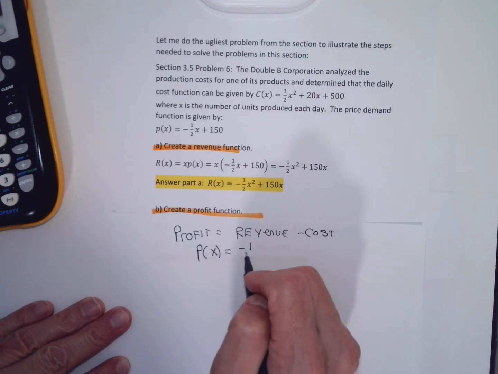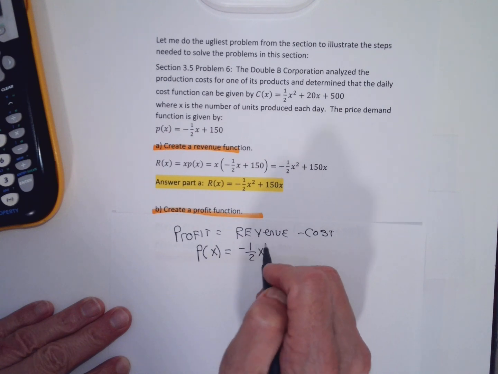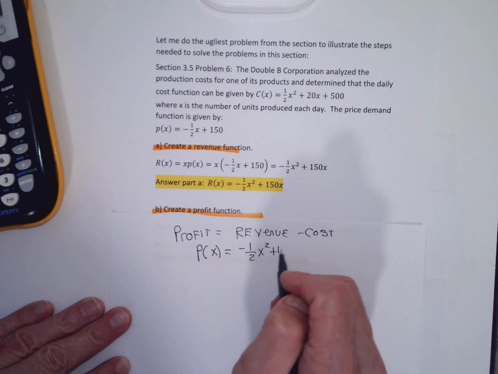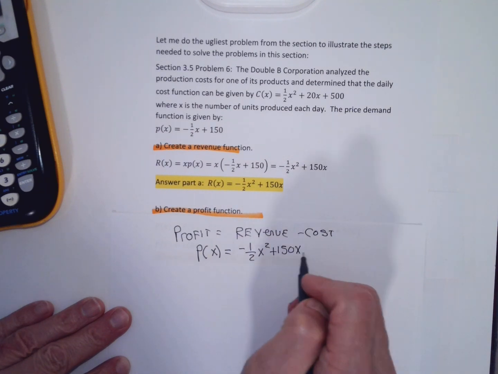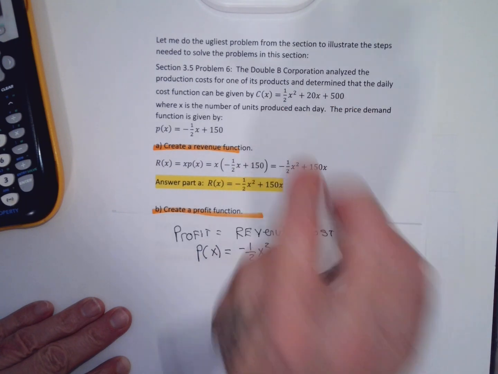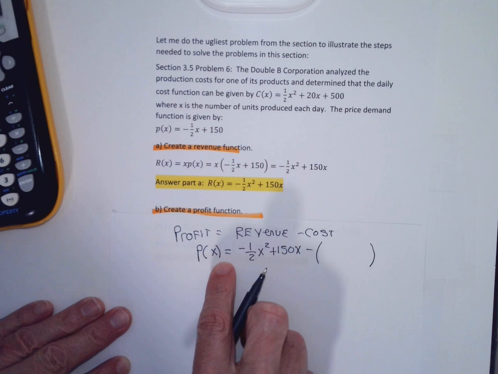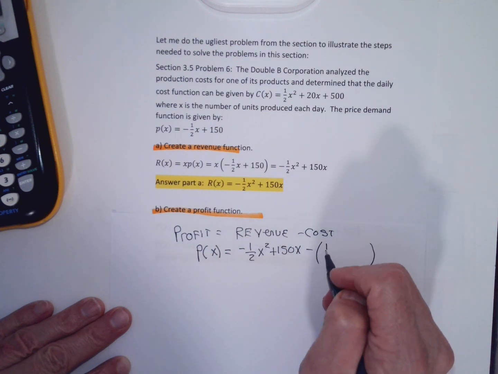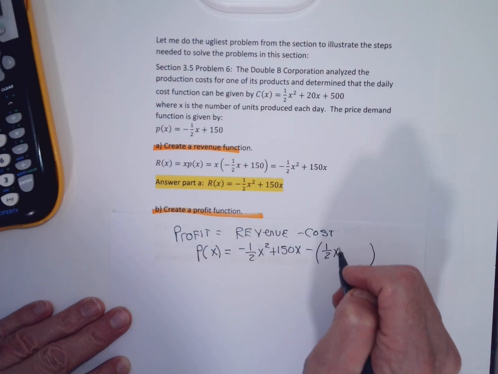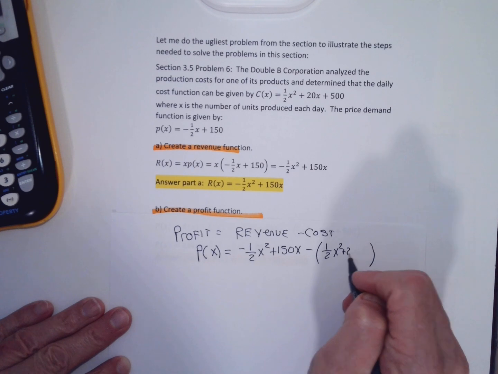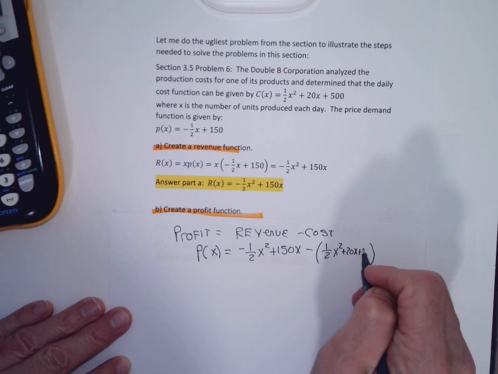Revenue is negative 1/2 X squared plus 150X minus cost, which is this, and because that's a trinomial, I need to put it in a parentheses. So revenue minus cost. Cost is 1/2 X squared plus 20X plus 500.